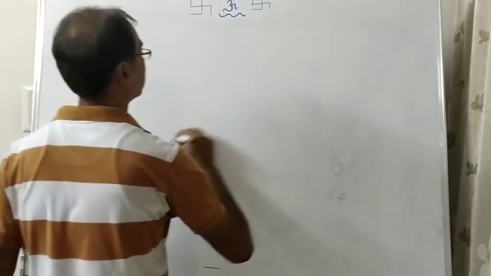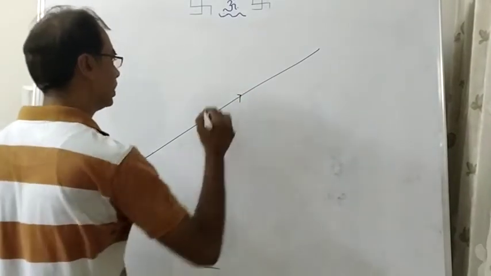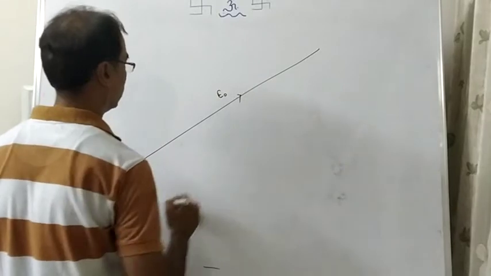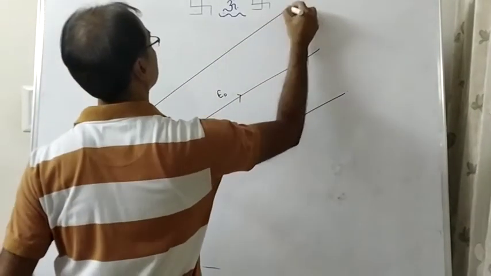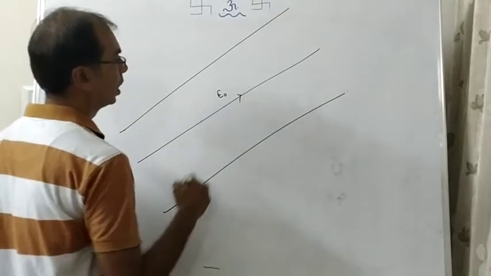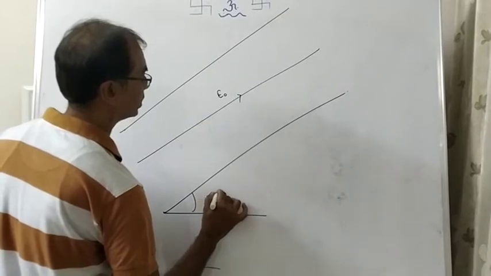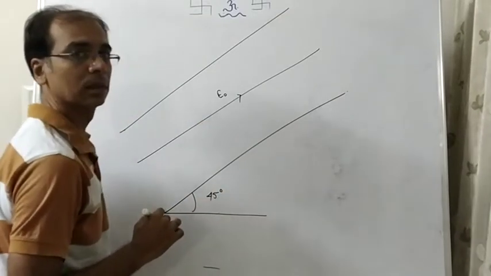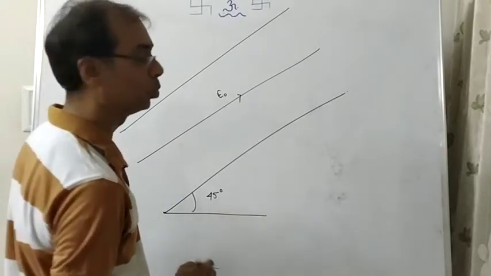So electric field is given like this. Its value we can let be E0. It's given like this, and this is making an angle with x-axis, let's say 45 degrees. This time I want to find the potential difference between 2 points.